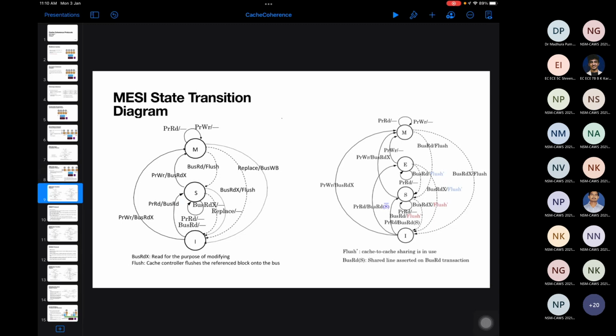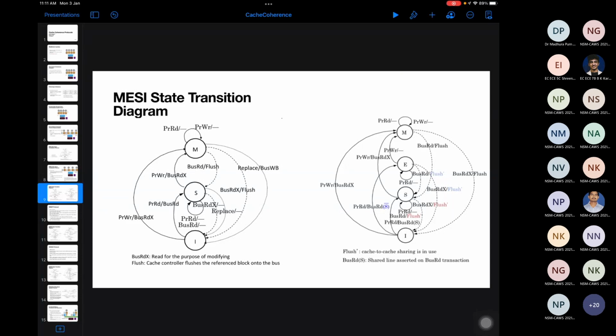But now, if the block is in E state, and the processor wants to perform a write operation to that particular block, you can see here E to M for a processor write without placing any bus transaction. This is the main advantage over MSI. You see in the MSI, I to S is bus read, S to M is bus read X. Whereas in the case of MESI, I to E is bus read and E to M, there is no transaction.